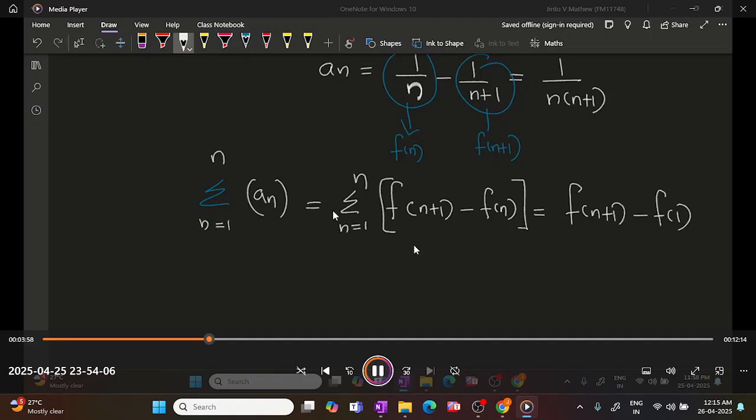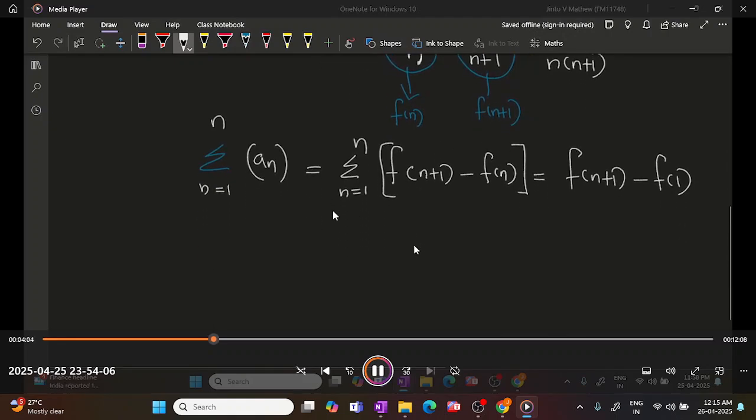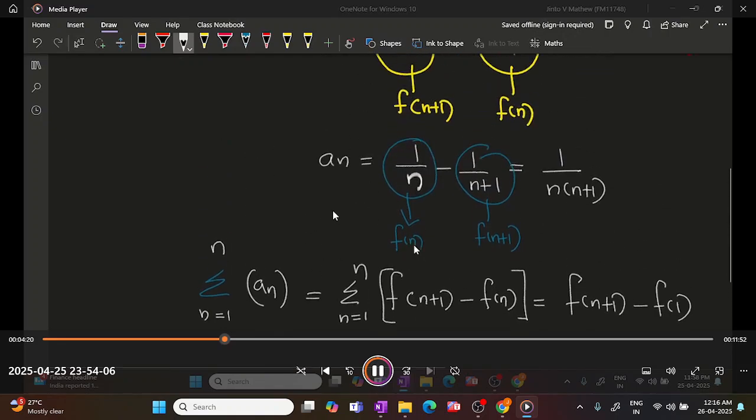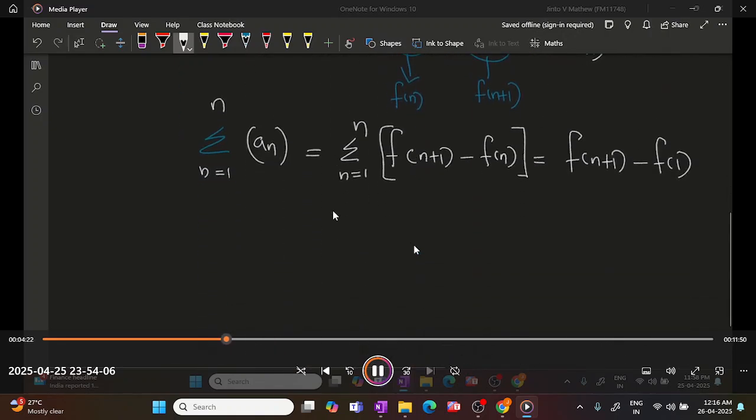Here you will see terms are getting cancelled, so I am not going into the detail of that. So we should know that whenever any nth term is of the form f of n plus 1 minus f of n, if we take summation from n is equal to 1 to n, that is going to be f of n plus 1 minus f of 1. Yeah, now let's go back to our problem.